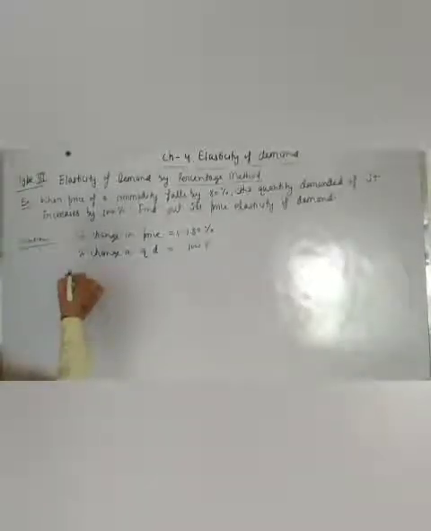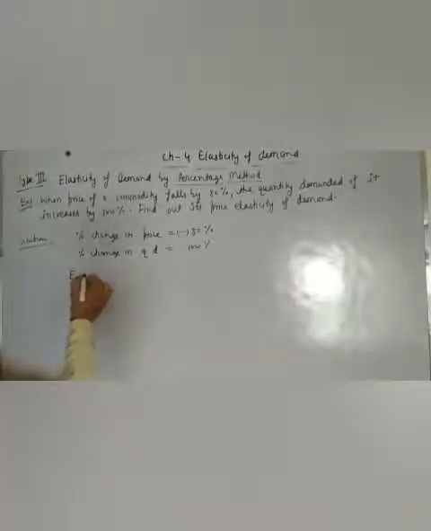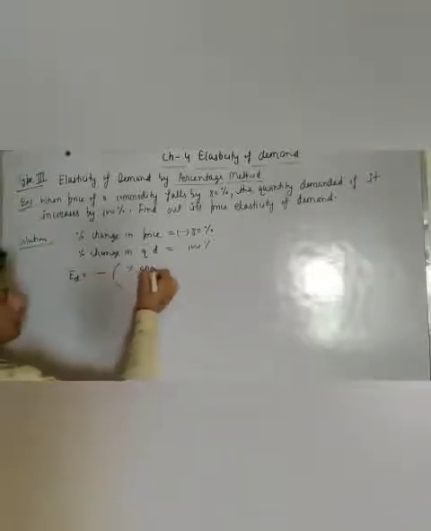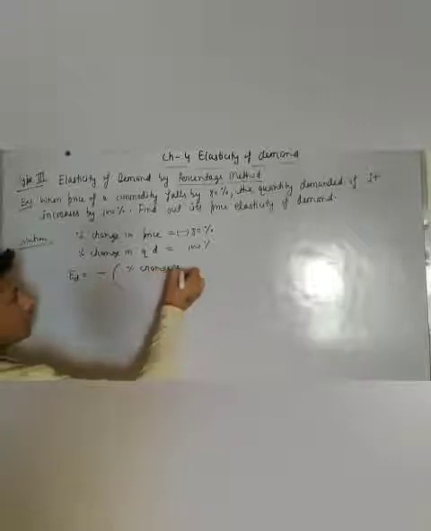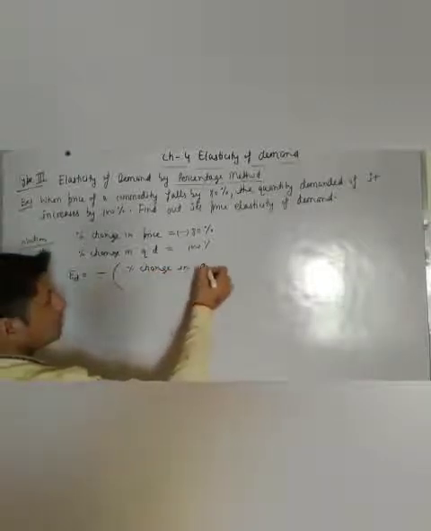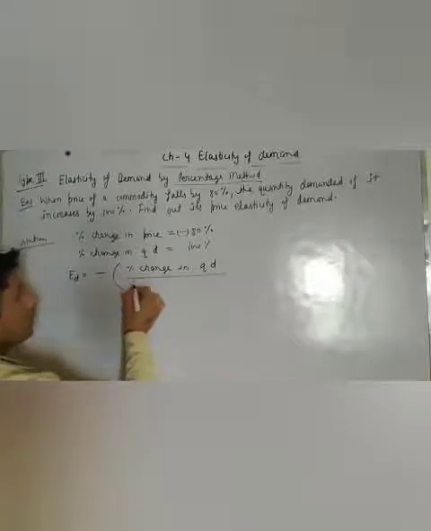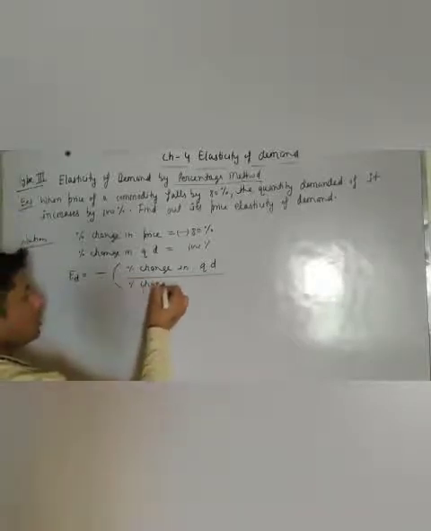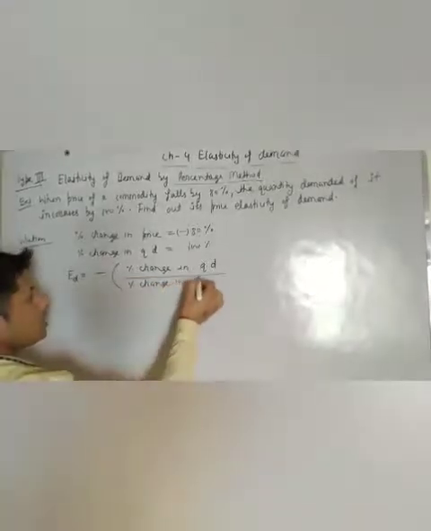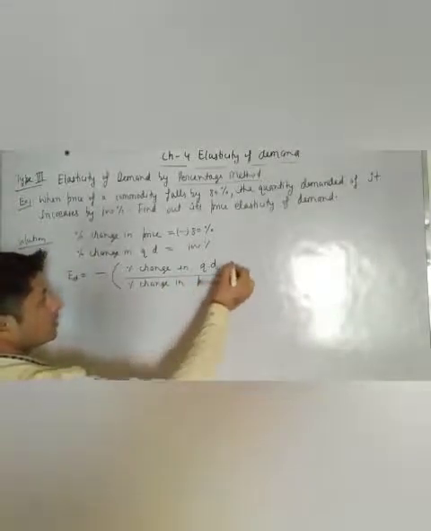What is the formula of this? ED is equal to minus percentage change in quantity demanded divided by percentage change in price.